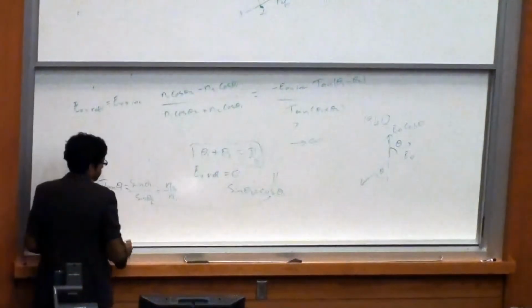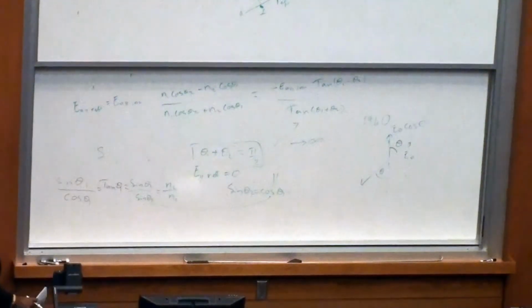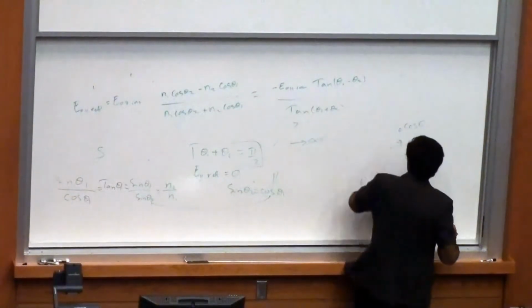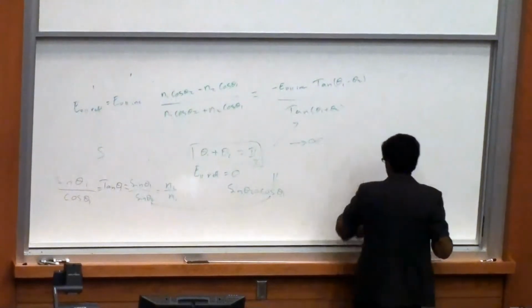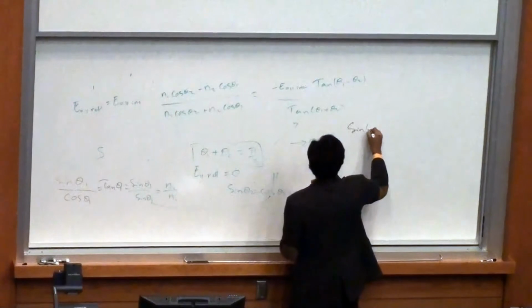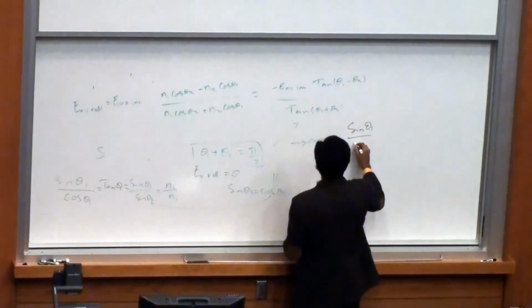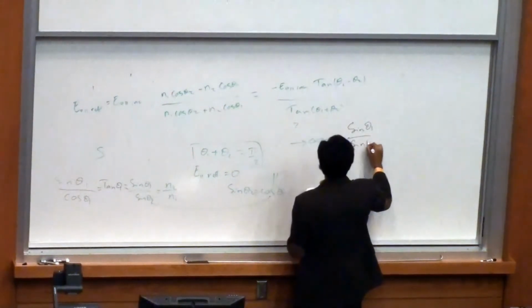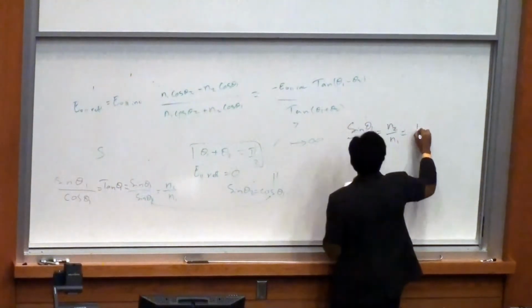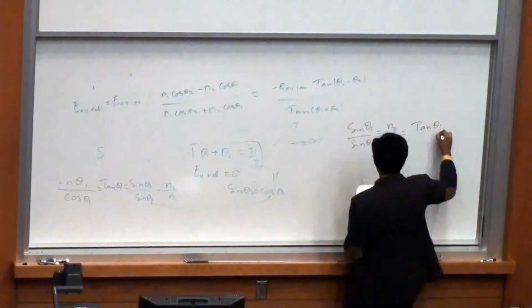So sine of theta 1 over sine of theta 2 is equal to n2 over n1, which is equal to tangent of theta 1.